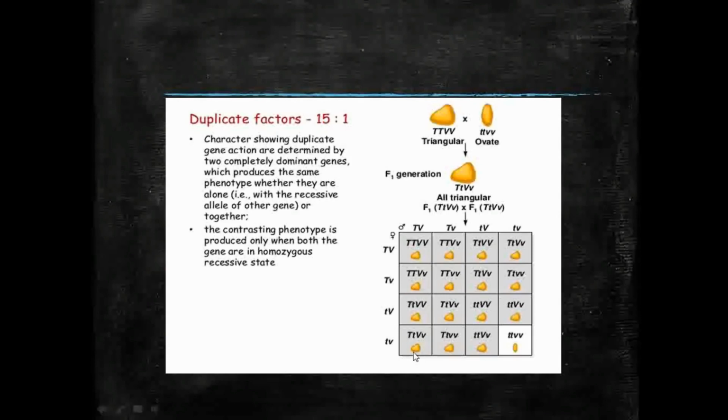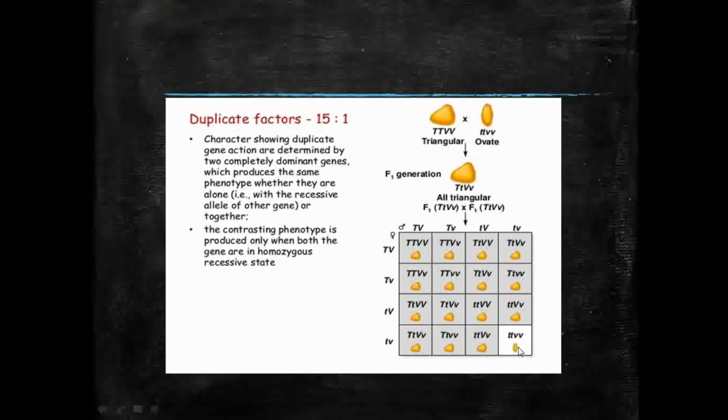In this case also, and the last case is having genotype small t, small t and small v, small v, and therefore in this case, as both the genes are recessive, it will show the ovate type or oval type of fruit.